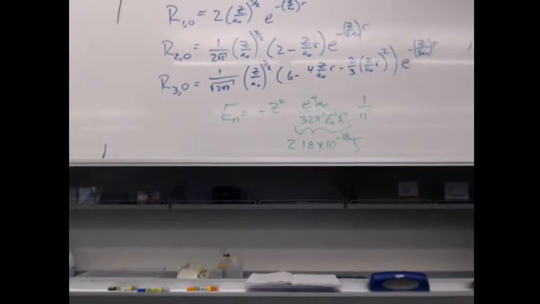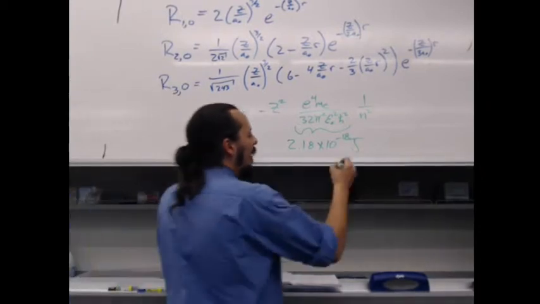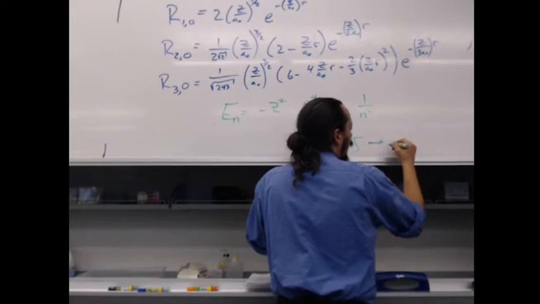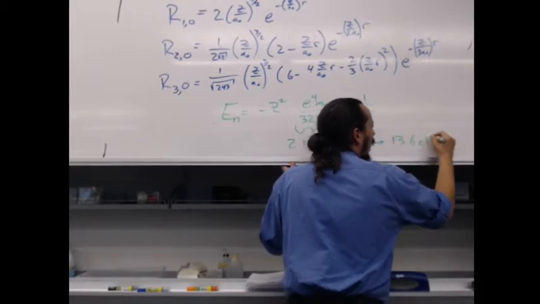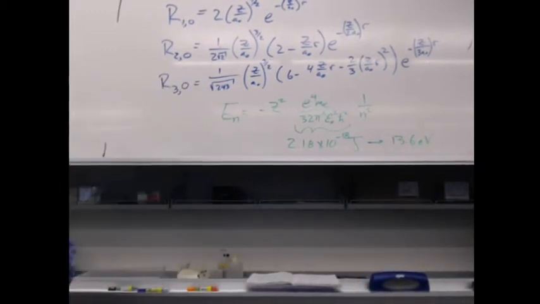Does anyone remember that number? Does it look familiar? What if I wrote it as 13.6 electron volts? On a scale of 1 through 5, does that number look familiar? 1 being nope, totally out of nowhere. Those of you with 4s and 5s, can you whisper loudly to your neighbor what it is called, if you remember?